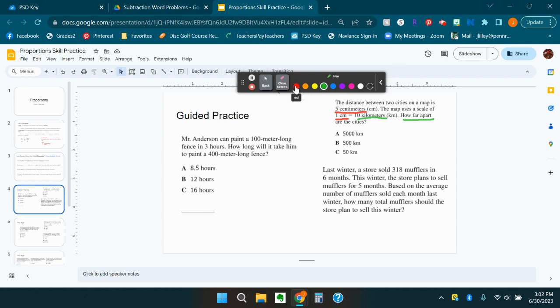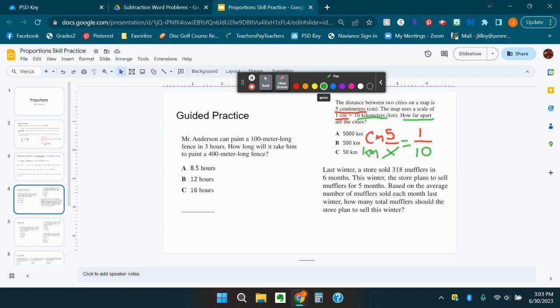So in this case, I know that on a map, two cities are 5 centimeters apart. But I don't know how far that is in real life. So that's where my variable goes. But I know that the scale on the map is that 1 centimeter is equal to 10 kilometers in real life.